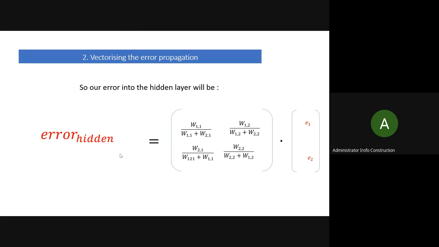So what they're just trying to say is that the denominator you're seeing here, you can ignore it. You can ignore it in the sense that if the value of W11 is greater than the value of W12, no matter the calculation you're going to do, W11 will get more of the error as compared to W12.